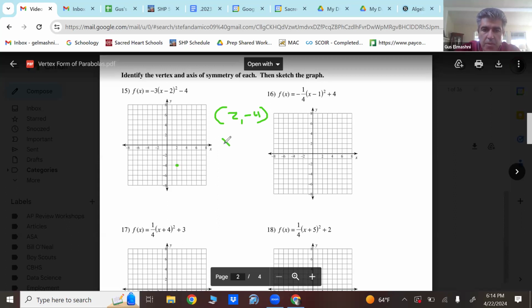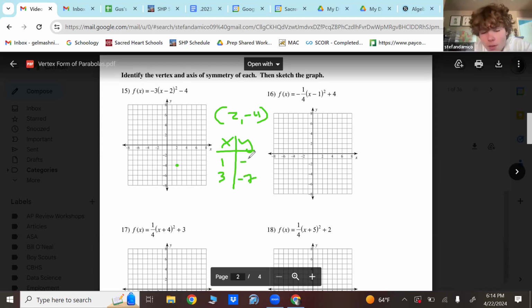And then if you make a table, plug in 3, I get negative 7. 1 should get the same thing. And there you go. That should be pretty simple.